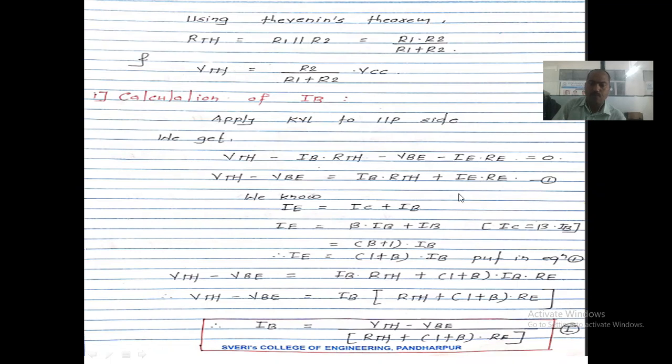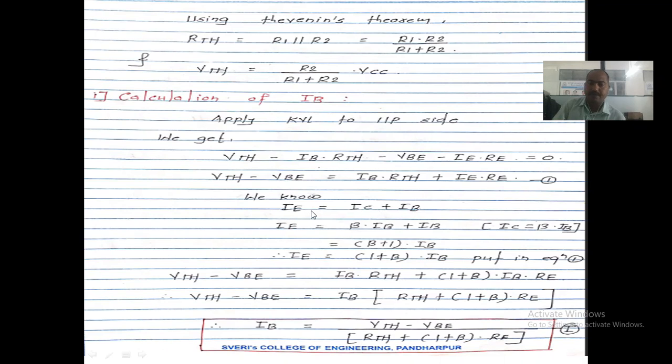Now we know one of the equations with respect to the emitter current of the transistor, as we have seen in the last configuration's mathematical analysis. I equals IC plus IB, right?